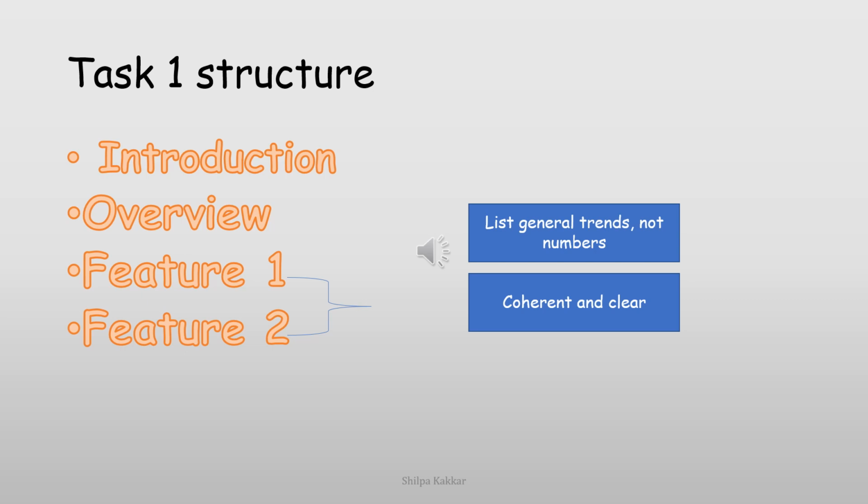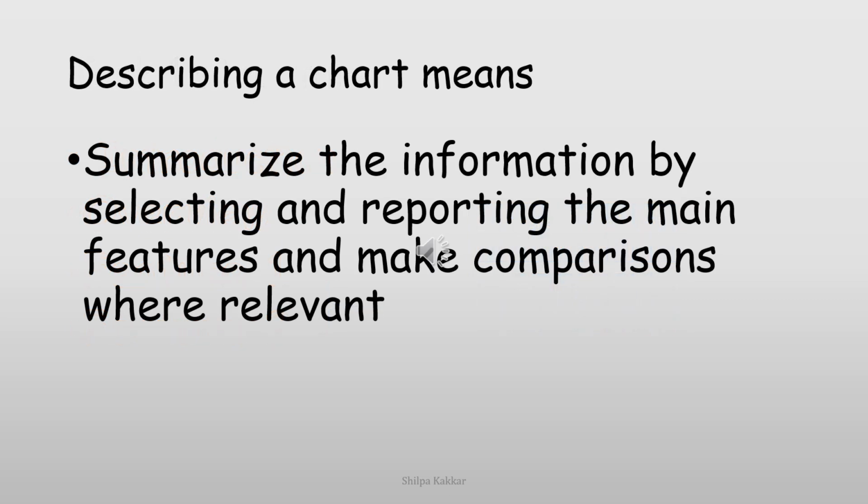So, introduction, overview of the chart, then either in points or in paragraphs, we have to describe what the chart is about. Describing a chart means summarizing the information by selecting and reporting the main features and making comparisons where relevant. When you summarize the information, in short, you have to write down what the chart is about, what information it is giving to us.